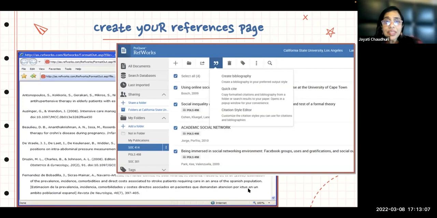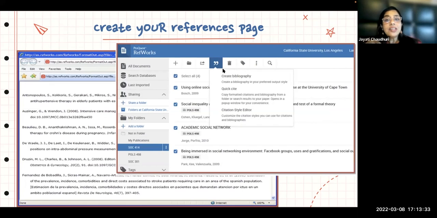Just by a click of a button, you can get citation in APA citation style or in MLA citation style. Now on the top menu bar, where you see this plus icon, if you click on that plus icon, it will give you the option to upload your PDF documents to your RefWorks account, okay? Now, right beside the plus icon, there is this quotation mark sign, which is your create bibliography symbol in RefWorks.